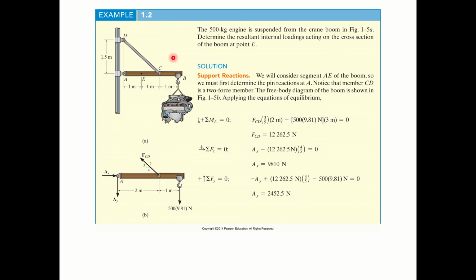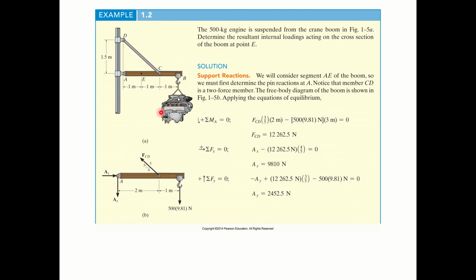Okay, in this figure, what do you want us to calculate? You want us to calculate the internal loads acting on the cross section of the boom at point E, this point. Okay, so we should draw the free body diagram of this body.